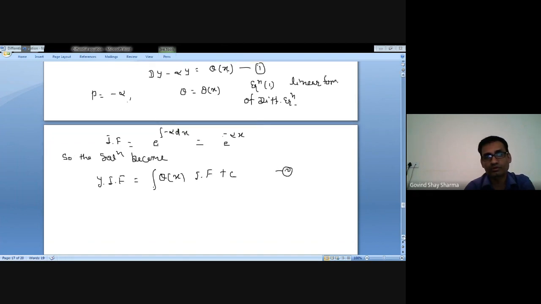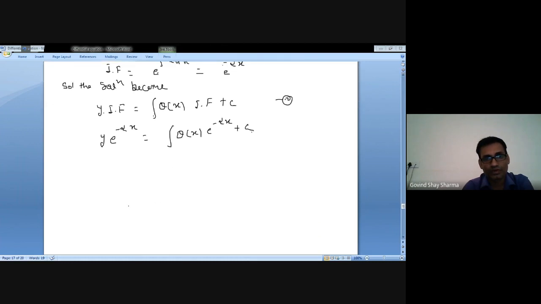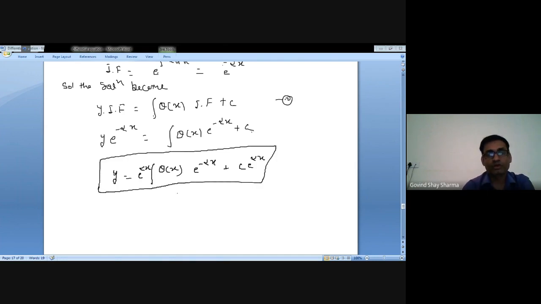I told you that the solution of a linear differential equation of first order: y times IF, here IF is e to the power minus alpha x, equals the integral of Q(x) e to the power minus alpha x.